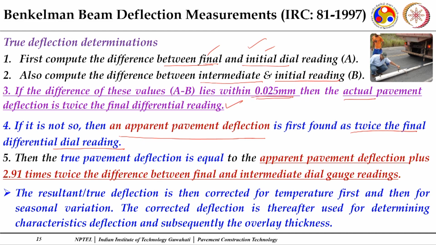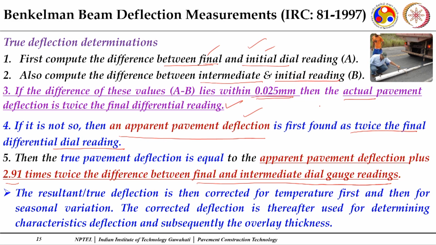But in the second case, when the difference is more than that, twice the final differential reading becomes your apparent deflection reading instead of the actual. And for getting the true deflection, you have to add to this apparent deflection a value which is 2.91 times twice the difference between the final and the intermediate readings. So, in that case, true deflection has to be worked out.